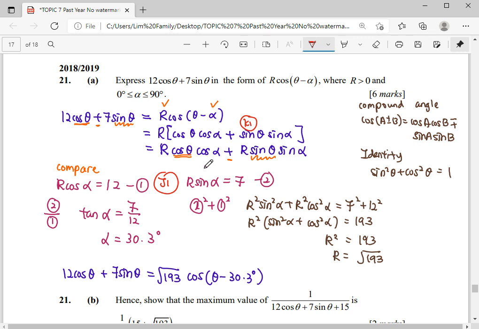After we get these two equations, we solve by division, where you get a tangent and we can get our alpha. This concept also shows how you get your R, by using identity. So finally, use our R and alpha, substitute back.